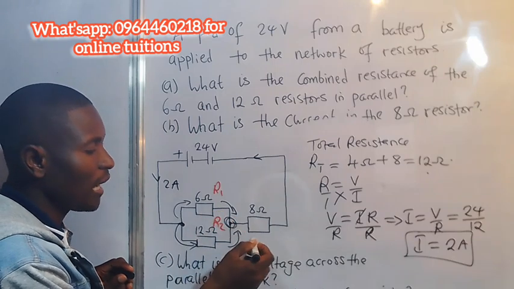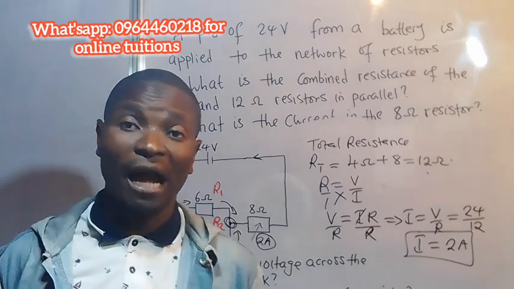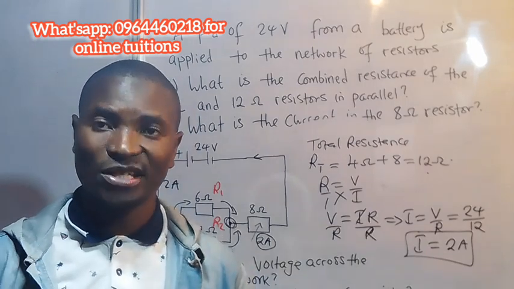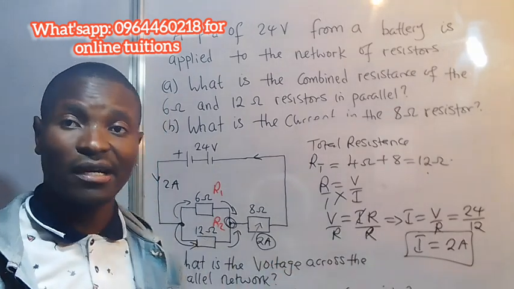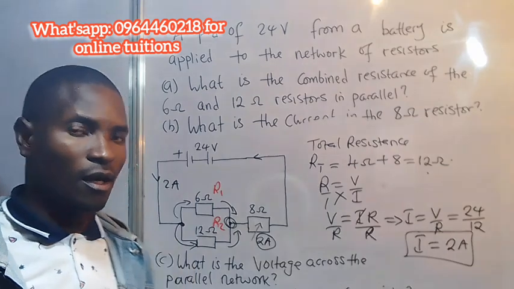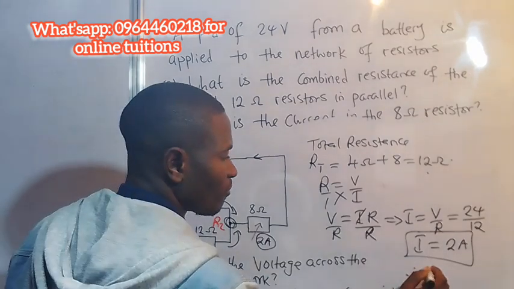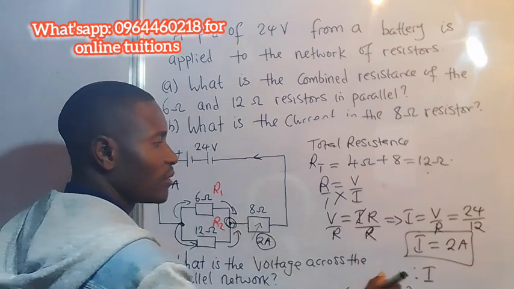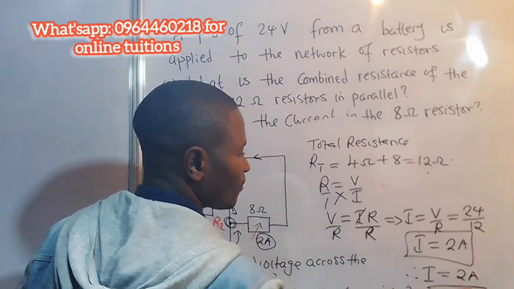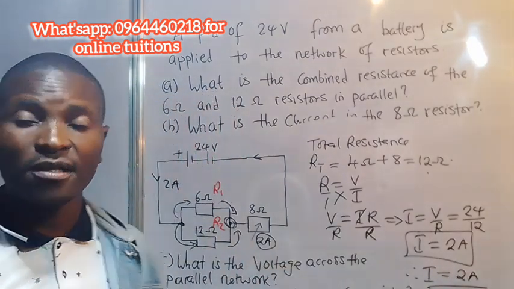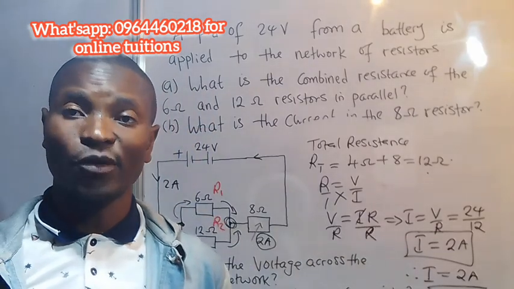They are going to sum up, and this is actually going to receive the 2 amps as the current at the 8 ohm resistor. So it's very straightforward: you have to see how much of the current is flowing at that point. So from that point, we can conclude that 2 amps is the amount of current flowing through the 8 ohm resistor.